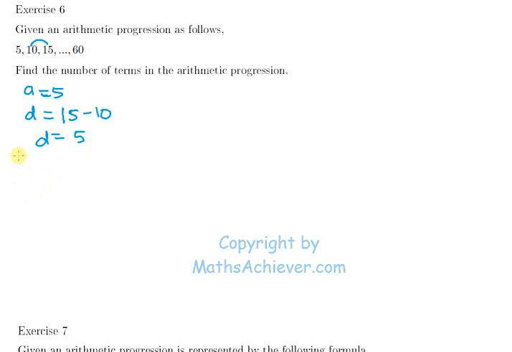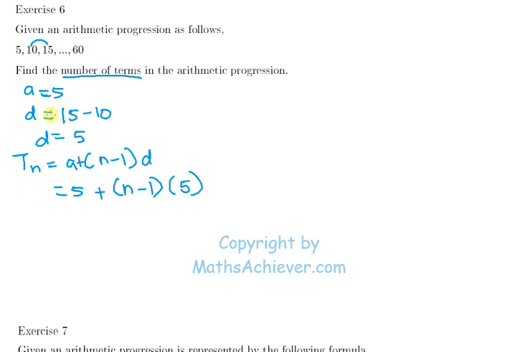Using the earlier formula, Tn equals A plus (n minus 1) D. Here we know that A is 5 plus, we don't know n, right? Because we want to find out the number of terms. This is what we want to find out. So (n minus 1), D is again 5.